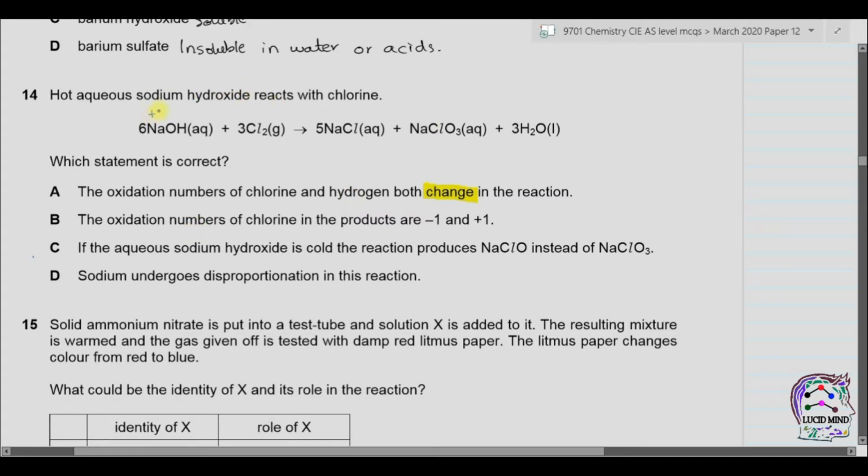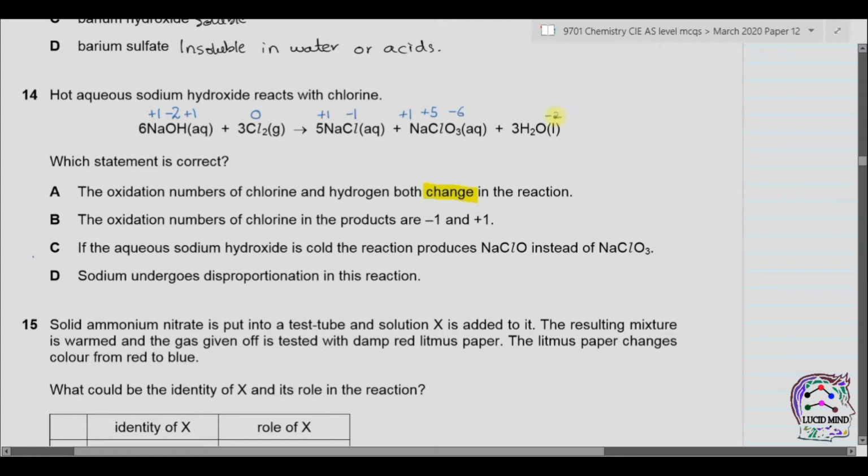Sodium is +1, oxygen is -2, hydrogen is +1, chlorine is 0 because it is neutral. Again sodium is +1, chloride is -1, sodium is +1. There are 3 oxygen atoms, so the overall charge is -6. So the positive charge should be +5.